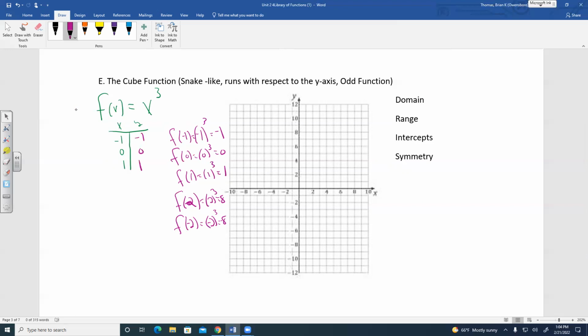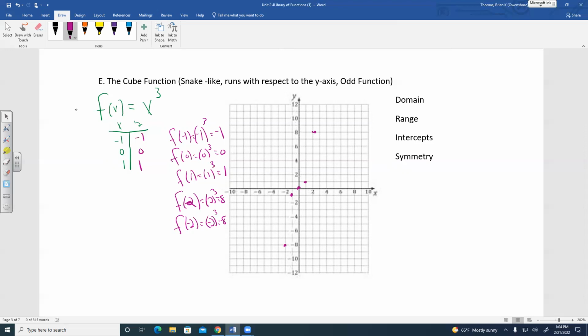Those are the main three points. But if you want to graph more points, you can. Our goal is to plot just a few points and recognize which way it goes. So I have (-1, -1), (0, 0), (1, 1), and just for good measure, 2 gave me 8 and -2 gave me -8.